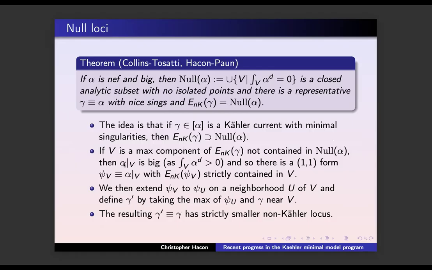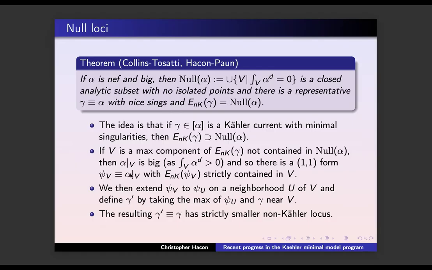Since V is not contained in the null locus, the restriction of this nef class to V will actually be big, because by definition of the null locus, the integral along V of the top wedge of alpha will be strictly positive.